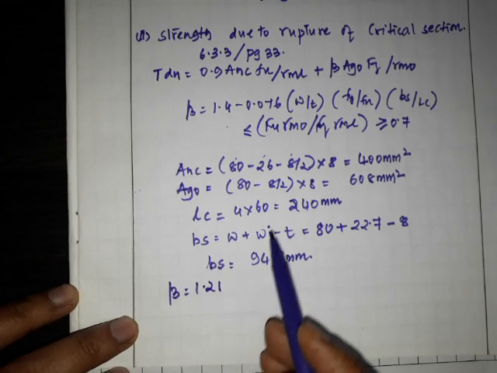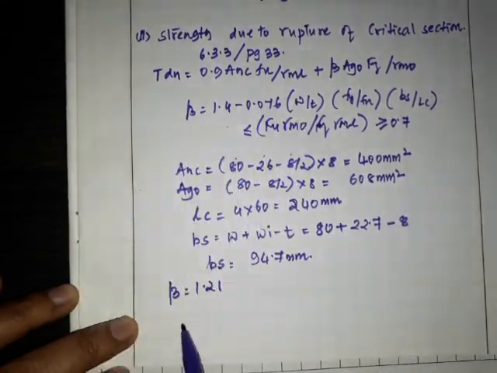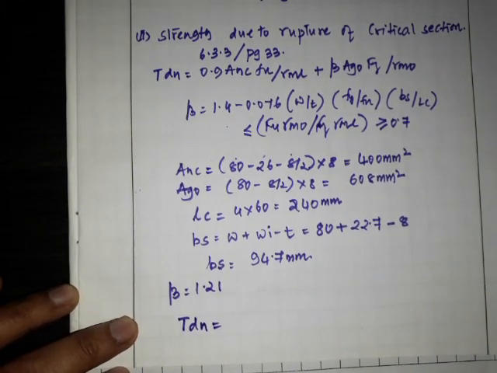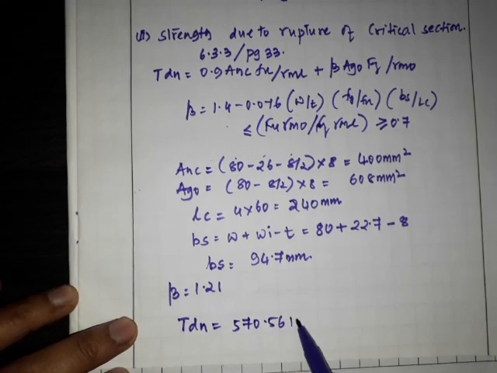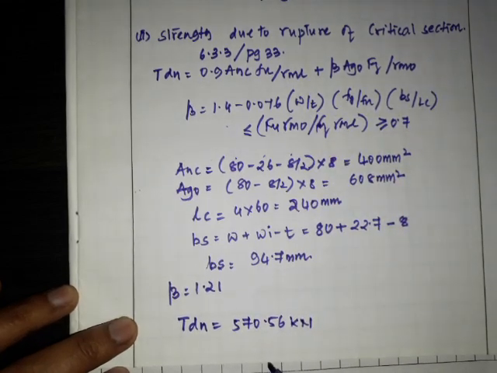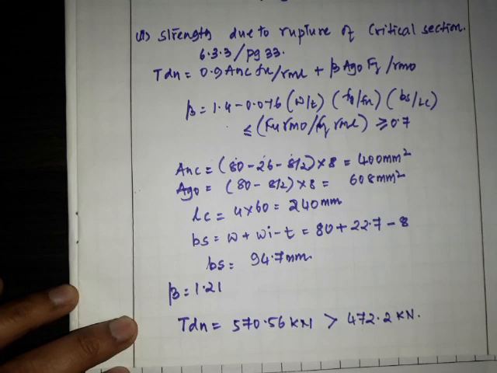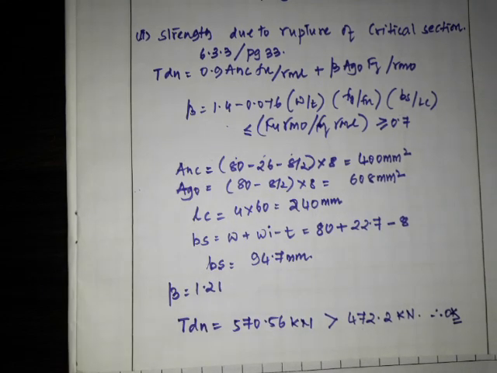Then by substituting the value in the formula of TDN, we get TDN as 570.56 kilonewton, which is again more than 472.2 kilonewton. So again it is safe. Therefore it is okay. For rupture, again it is okay.